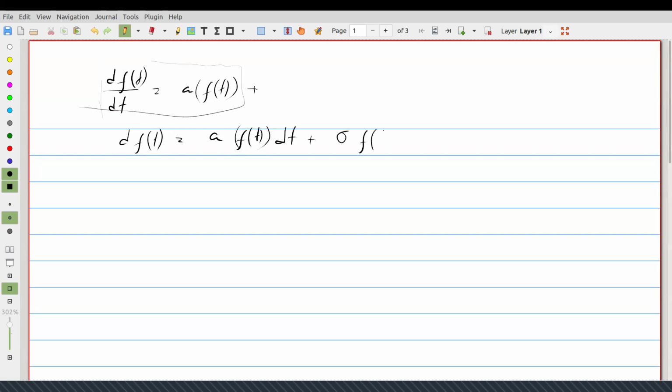So there is some force. This affects how large these pushes are, and this affects some random interactions. And to define this, we will need to go through some steps.